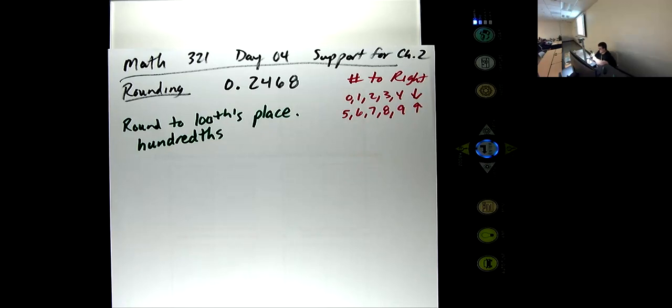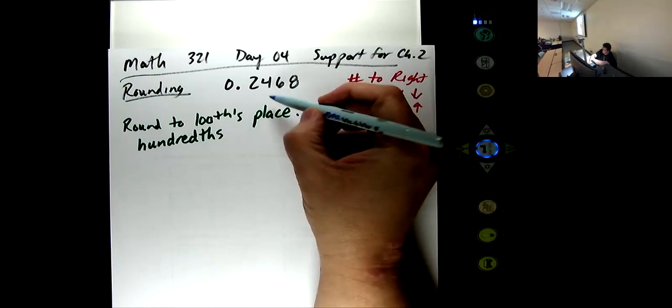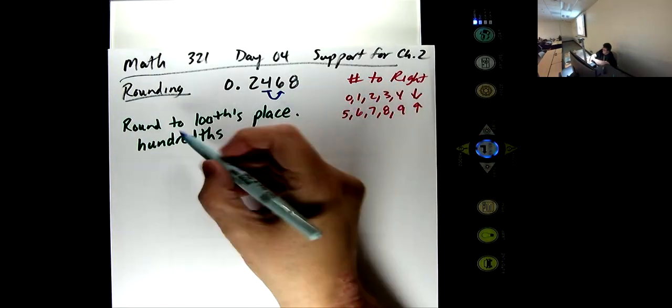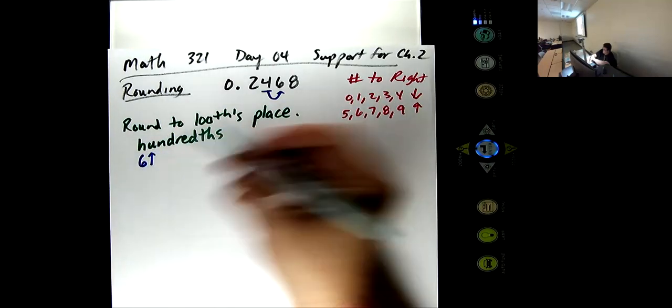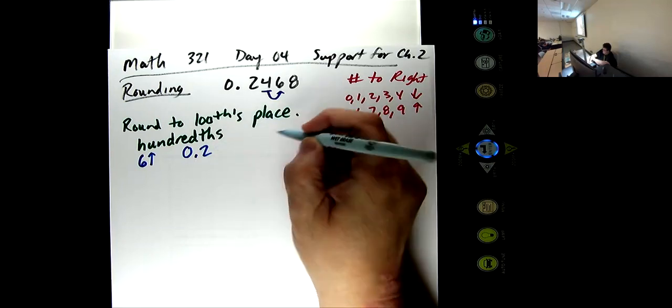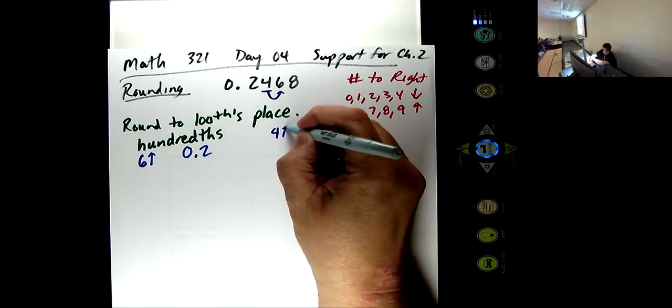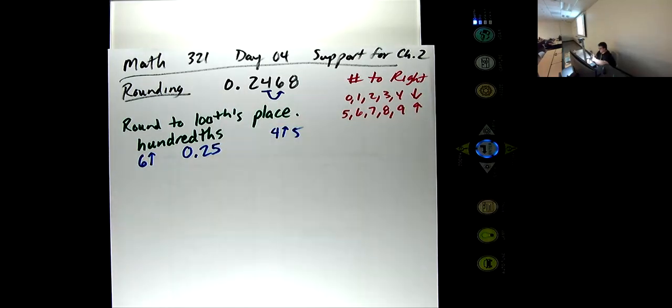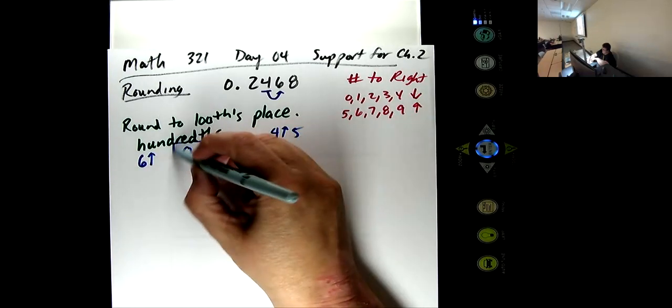So the hundredths place is right here. We look to the number to the right. The number to the right is a 6, so we're going to round up. So we've got 0.2, and the 4 is going to go up to a 5. 0.25. So that would be rounding to a hundredths place.